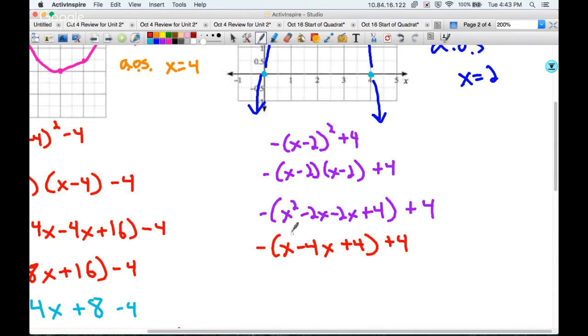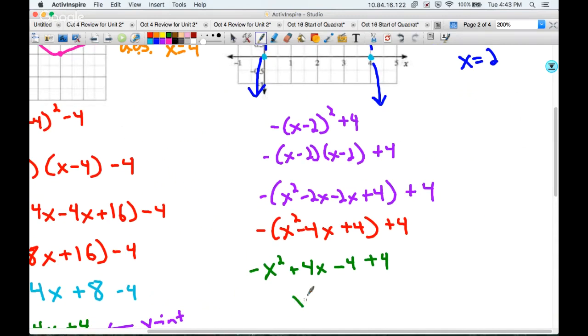We distribute that negative. We get negative x squared plus 4x minus 4 plus 4, and then that minus 4 and that plus 4 are going to cancel out, and we're going to get y equals negative x squared plus 4x.